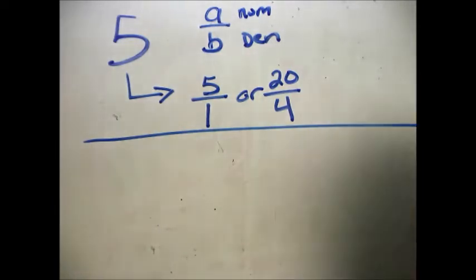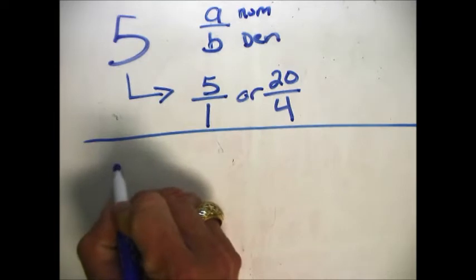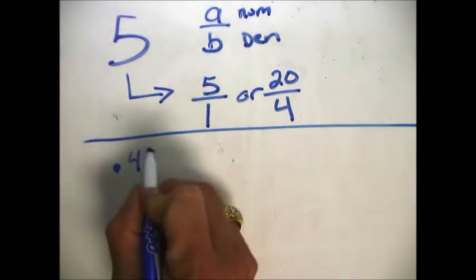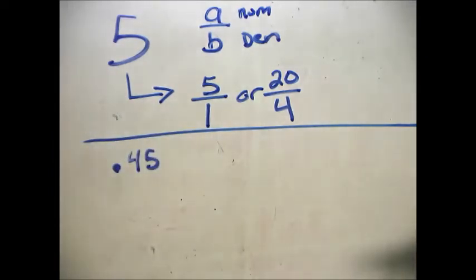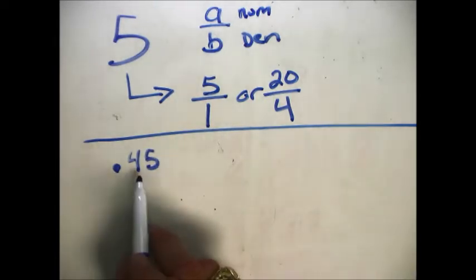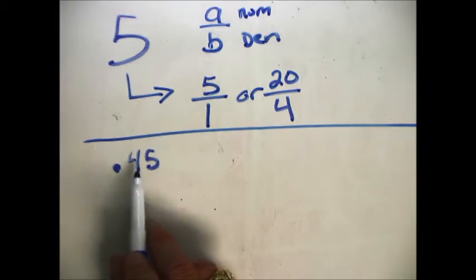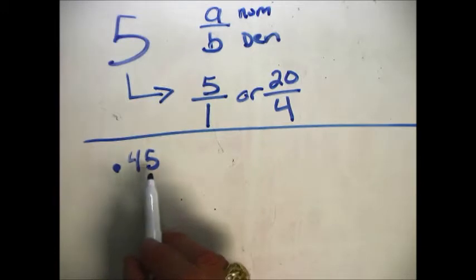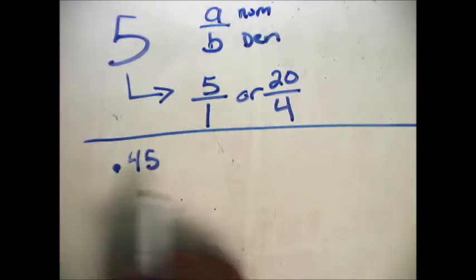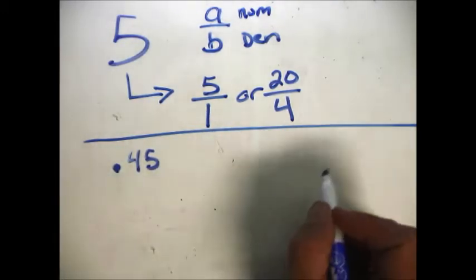How about a decimal? How about 0.45 or 45 hundredths? Is this rational? Well, remember the definition is, can you take your number and write it as a fraction? Can you take 0.45 and write it as a fraction? Well, yes, you can.